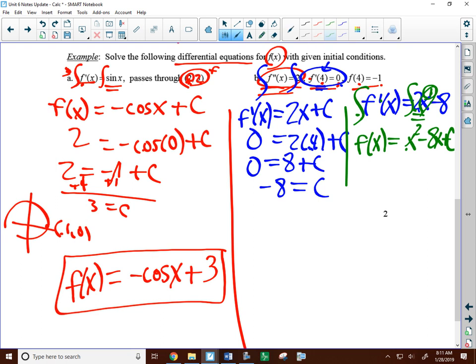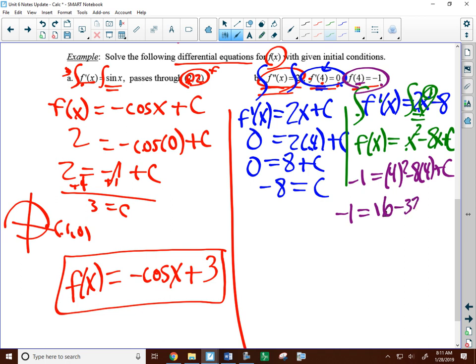Okay. So now I need f, but no c, so I'm going to solve for c. And my x is 4, and my y value is negative 1. So let's just work it out. 4 squared is 16.